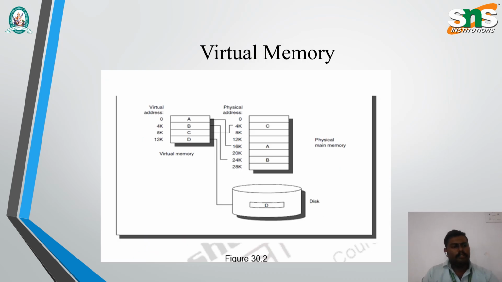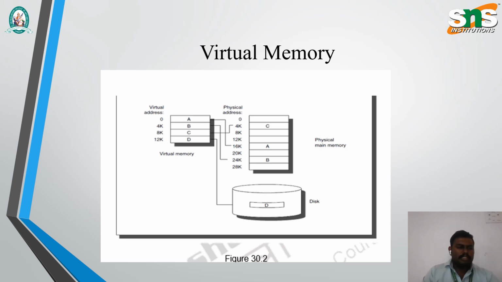Virtual memory. Virtual memory is where the operating system provides an illusion of a large continuous memory space to applications even when physical memory is limited. It achieves this by temporarily transferring data between RAM and secondary storage.